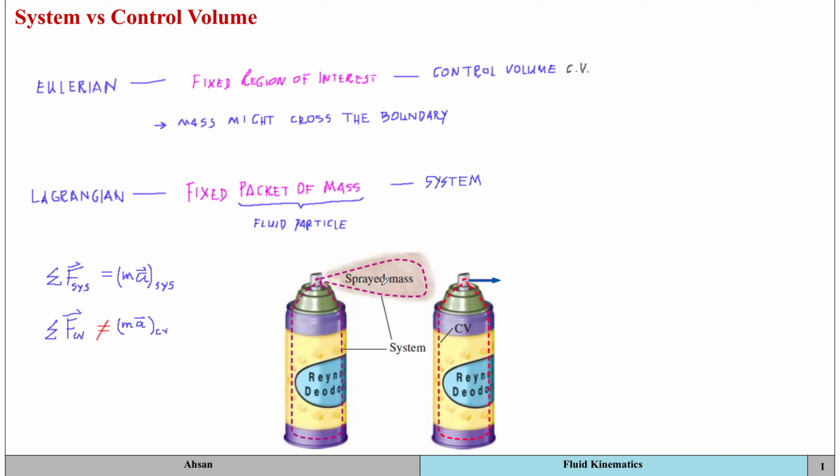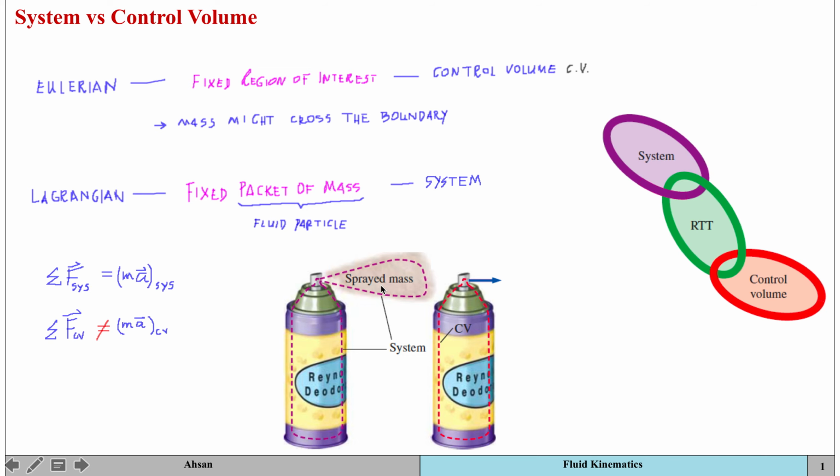That is the link provided by the Reynolds Transport Theorem, which is RTT here. It gives us the link between the system and the control volume approach for us to be able to apply the same laws onto a control volume, and that's the easier approach when it comes to talking about fluids.